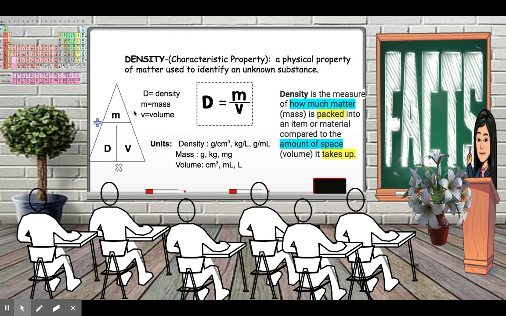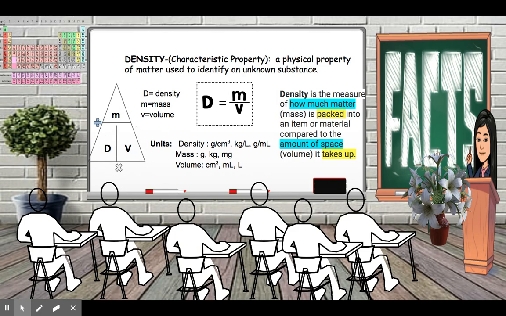We can also use this equation triangle to solve for mass and volume. For example, if we're solving for mass and we're given density and volume, we can use this equation triangle.